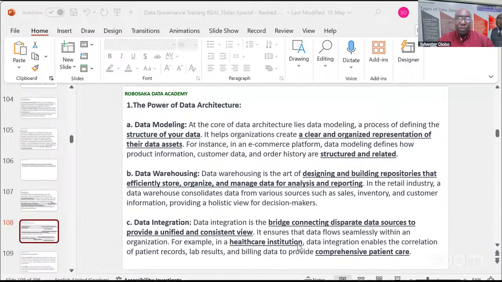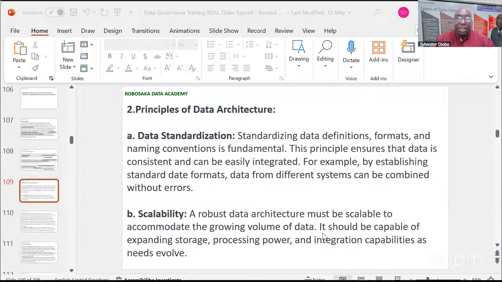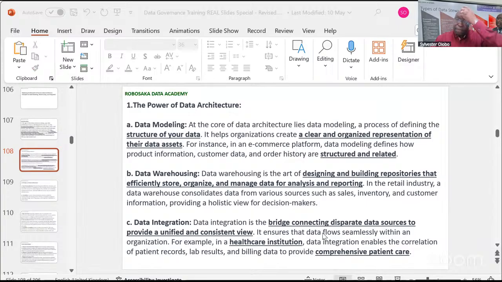For instance, in a healthcare institution, data integration enables the correlation of patients' records, lab results, and billing data, bringing them together to provide what? The comprehensive care that the patient requires.